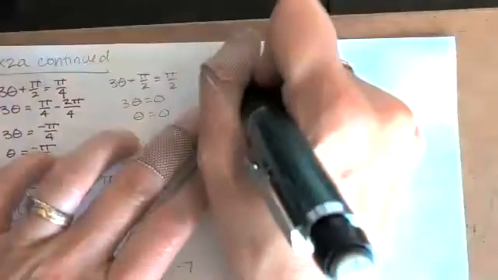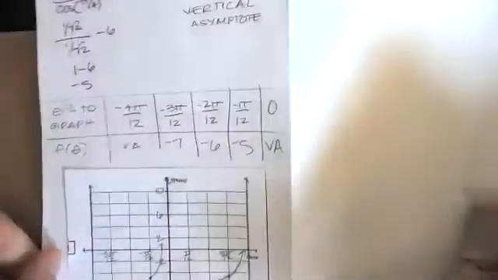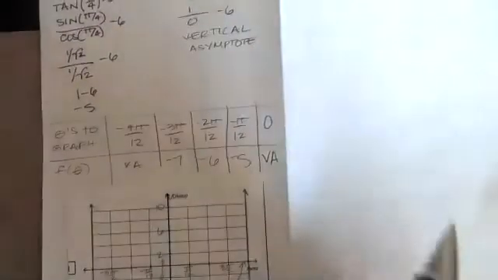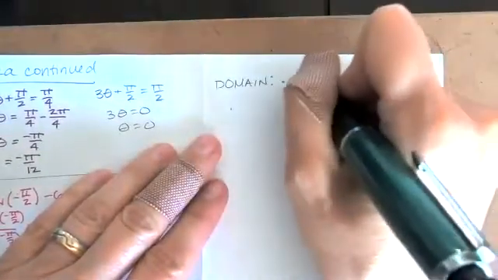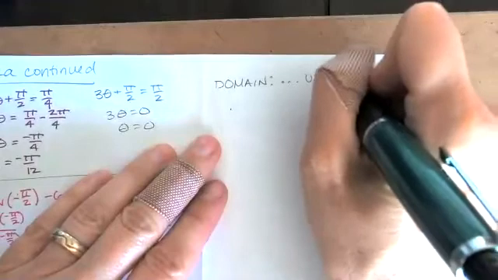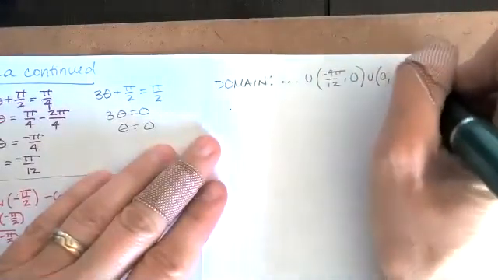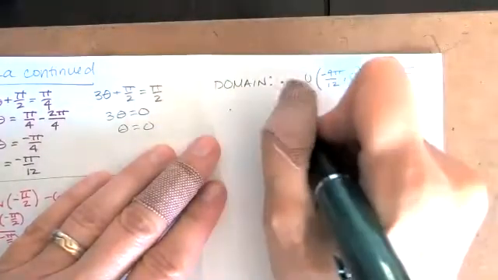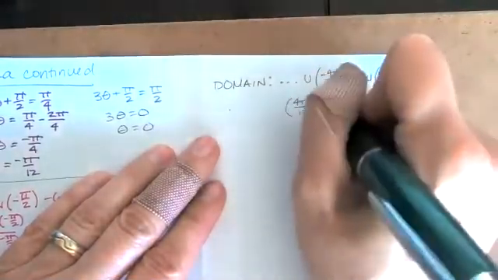Okay, so the domain here, let's see. If we say negative 4 pi over 12 to 0, dot, dot, dot, union, negative 4 pi over 12 to 0, and from 0 to 4 pi over 12, and that should be what? 4 pi over 12 to 8 pi over 12?